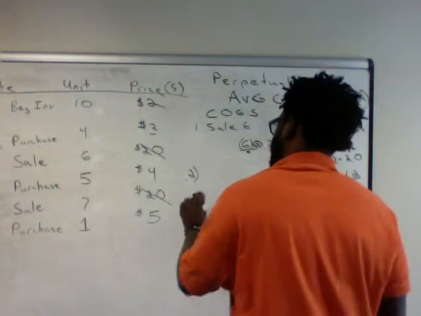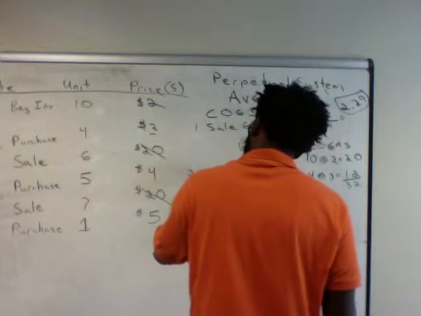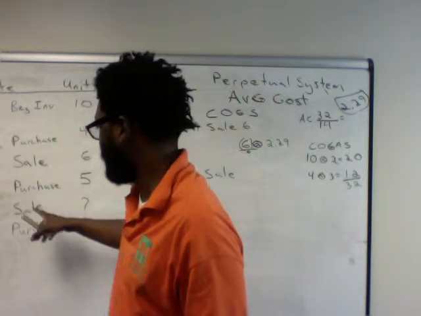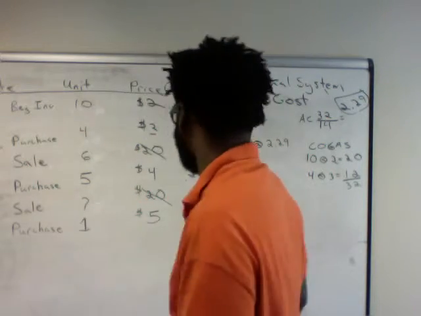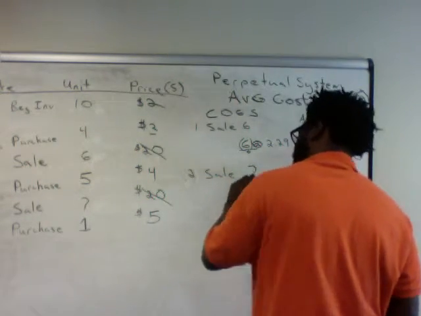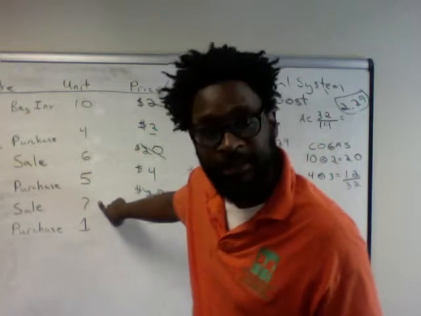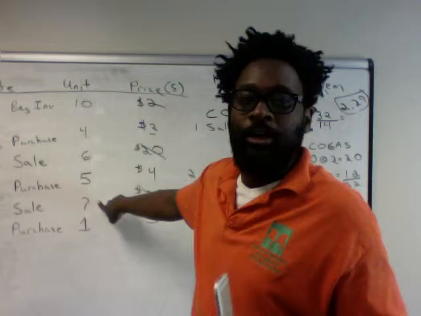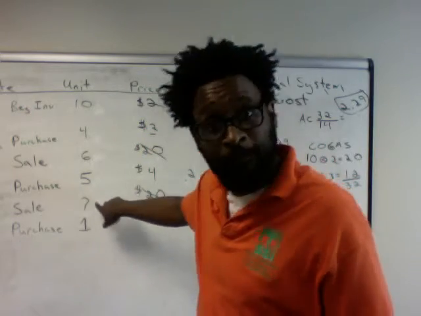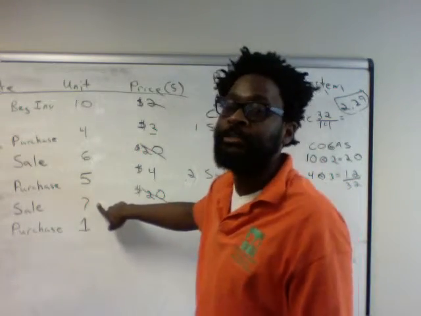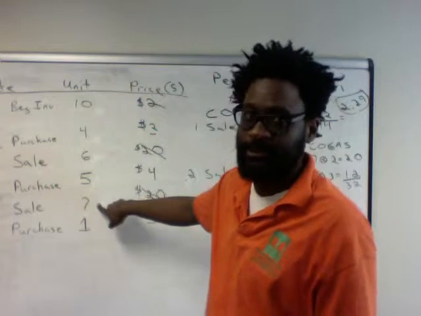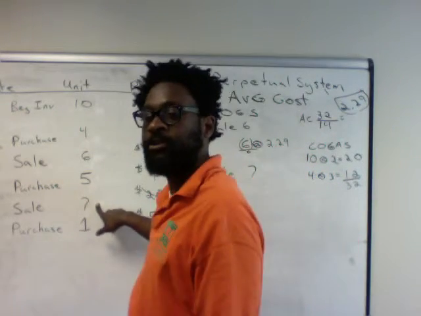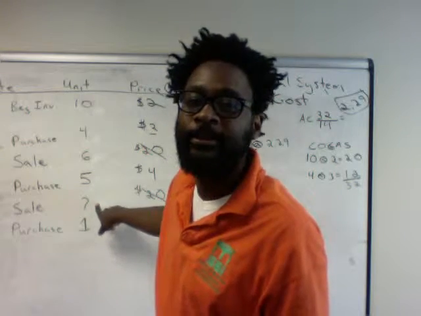Second sale. How many units do we have in the second sale? 7. And we're right here. So you still have to ask yourself, right before this sale, how many units did I have originally available? And so how are we going to do that?